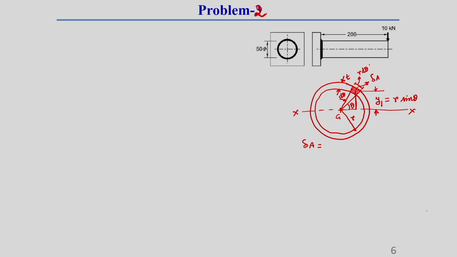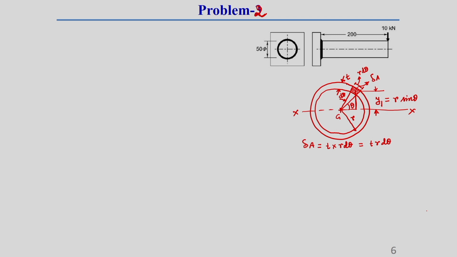So delta A will be throat thickness T into r d theta, that is T r d theta.